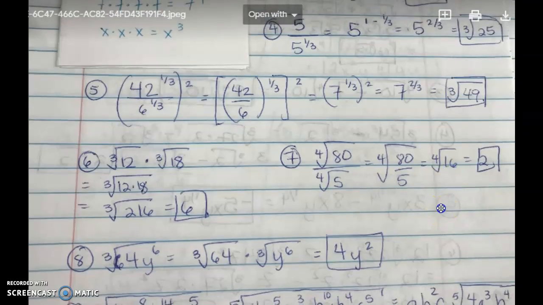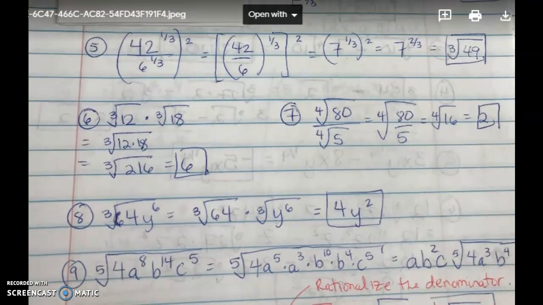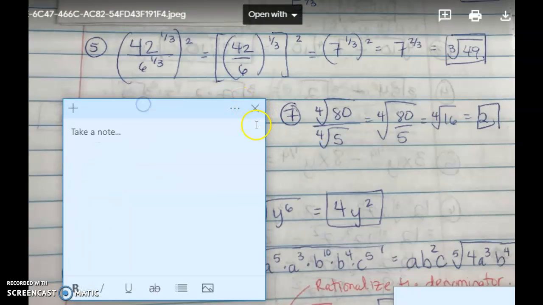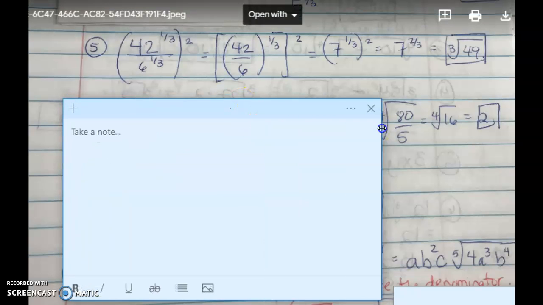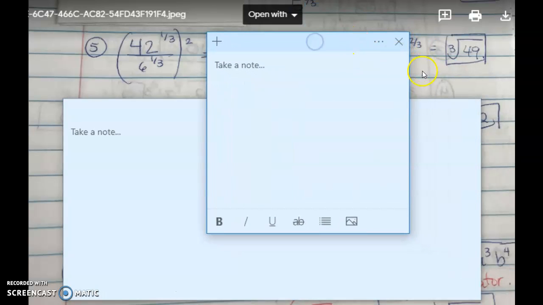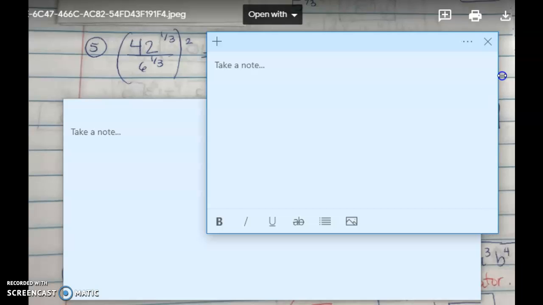All right. For number 5, we've got 42 to the 1/3 divided by 6 to the 1/3, and all of that is going to be squared. All right, for this one, the 1/3 is going both to the 42 and the 6.